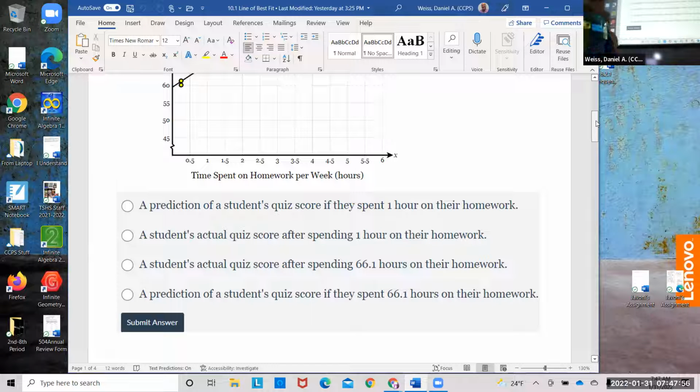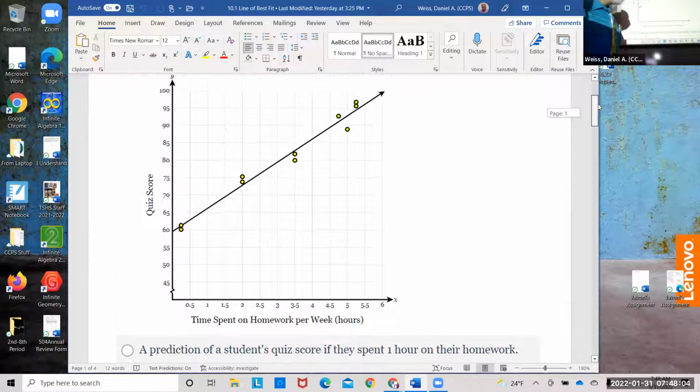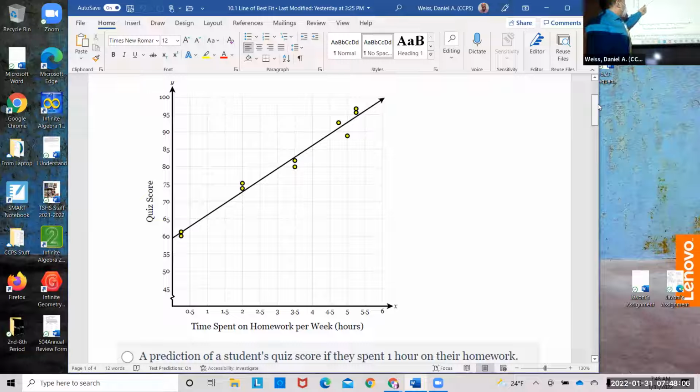Where did they come up with 66.1 anyway? They're saying that that's about 66.1 right there. But that is the quiz score, right? Not the number of hours spent studying. Can I get one more nod? You understand what I'm saying?